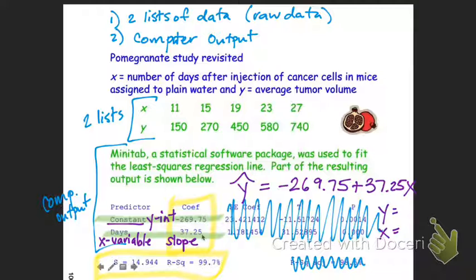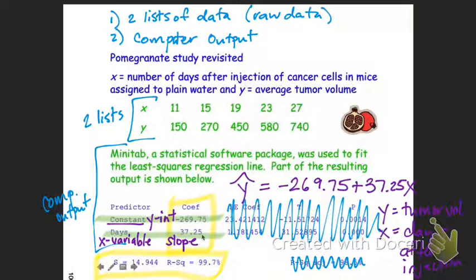Your constant is your y-intercept, and then your x variable is your slope, where y represents tumor volume and x represents days after injection. So if I did not have the original data, I would just have to read this computer output.